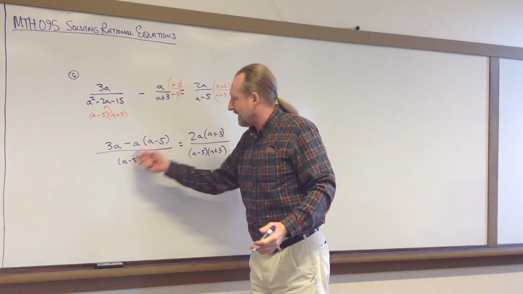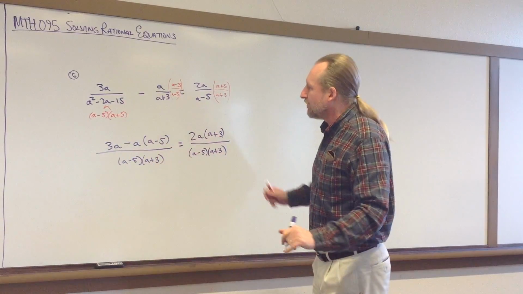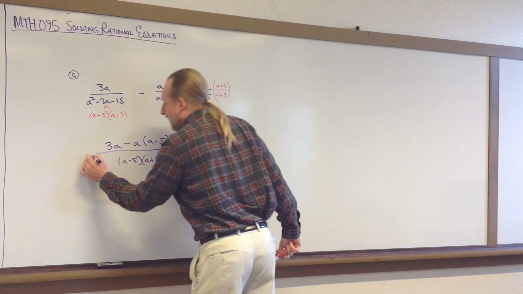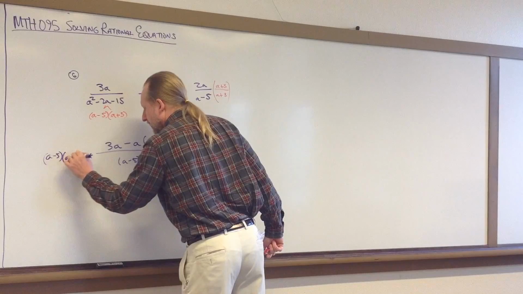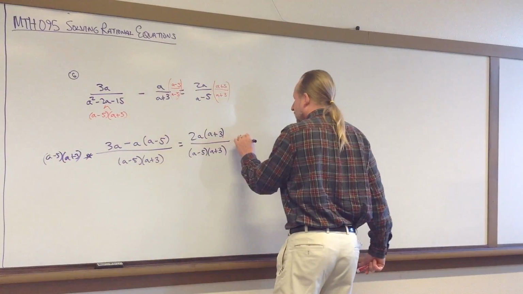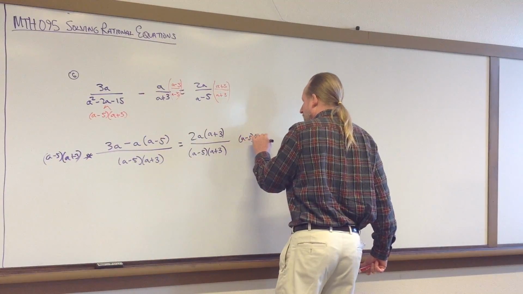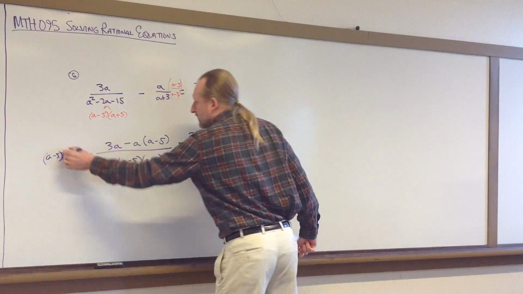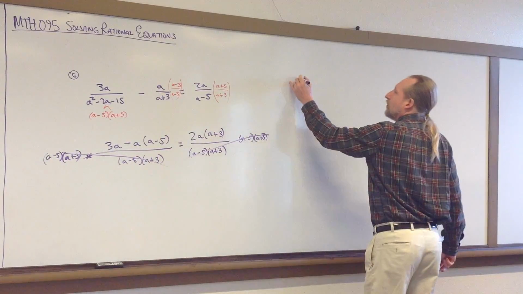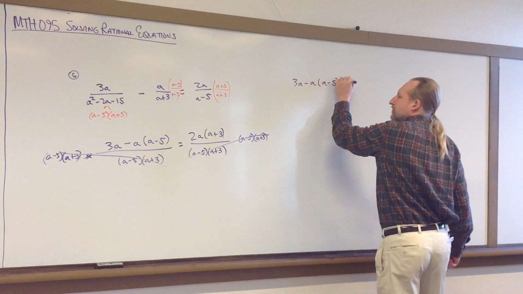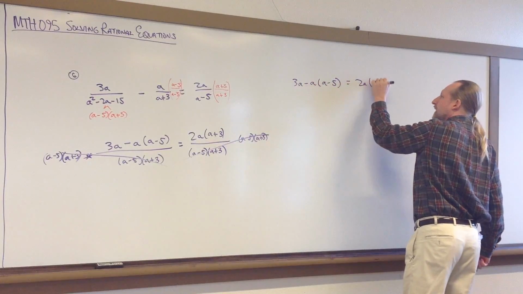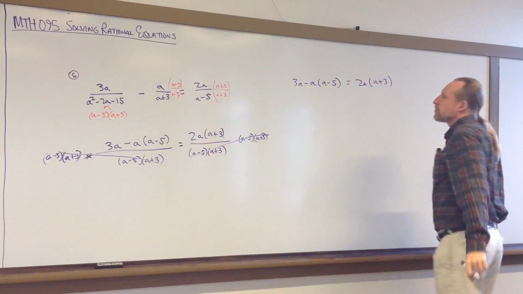Over here you can't cancel these, and so that's why we won't do it. But what we can do is to multiply on both sides by a minus 5 times a plus 3. And then that'll cancel out the denominator. So we'll end up with 3a minus a times a minus 5 equals 2a times a plus 3.